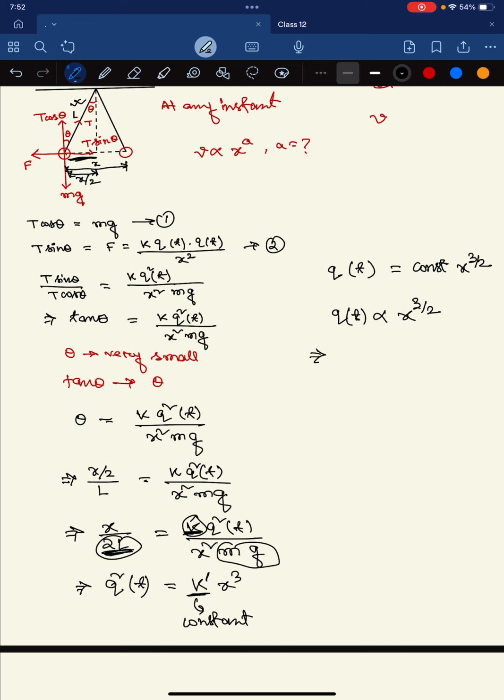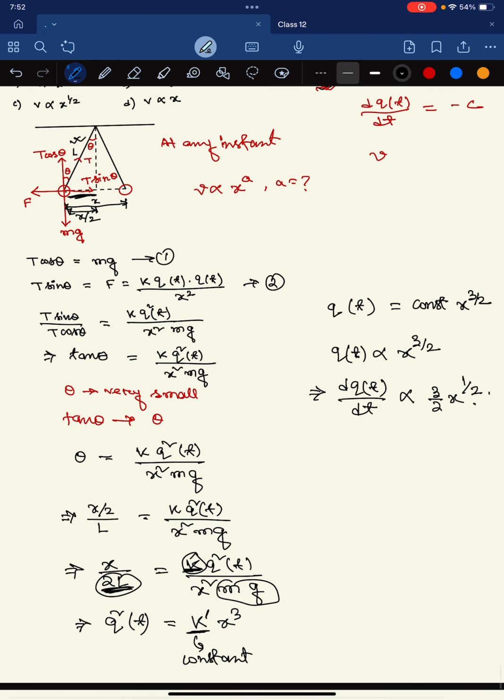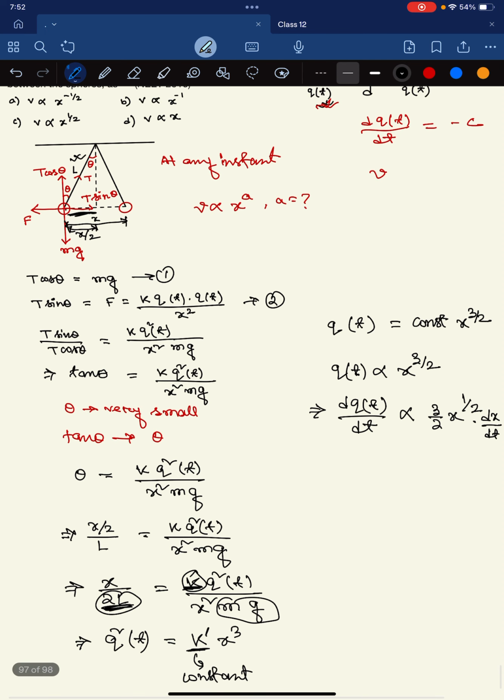Now if I differentiate with respect to time, dq/dt will be 3 by 2 x to the power 3 by 2 minus 1, that is half, and also dx/dt. But dq/dt is nothing but a constant, because the rate of change of charge with respect to time is constant.